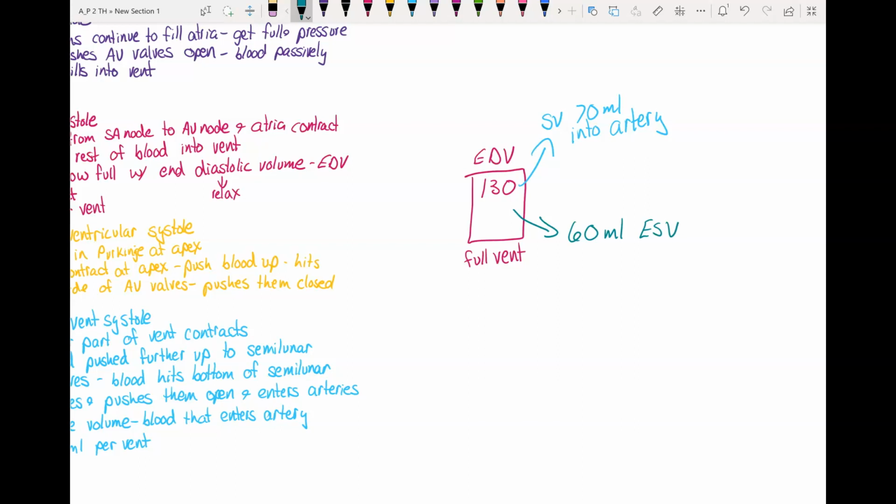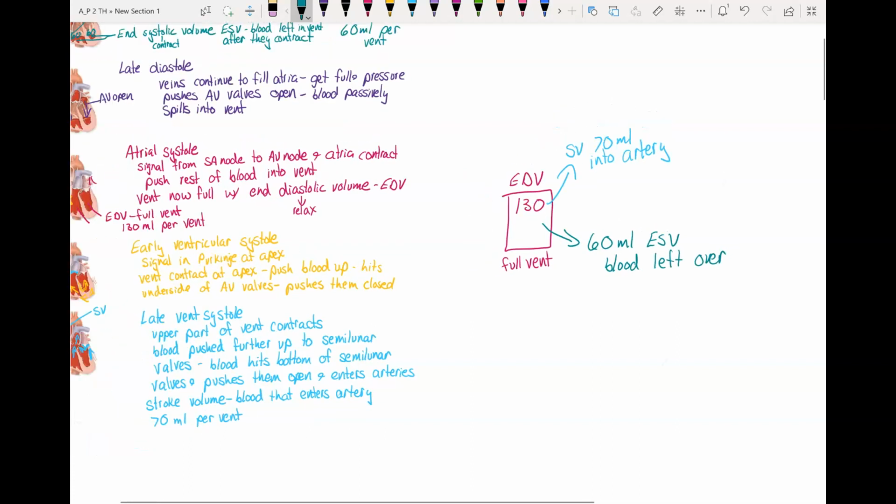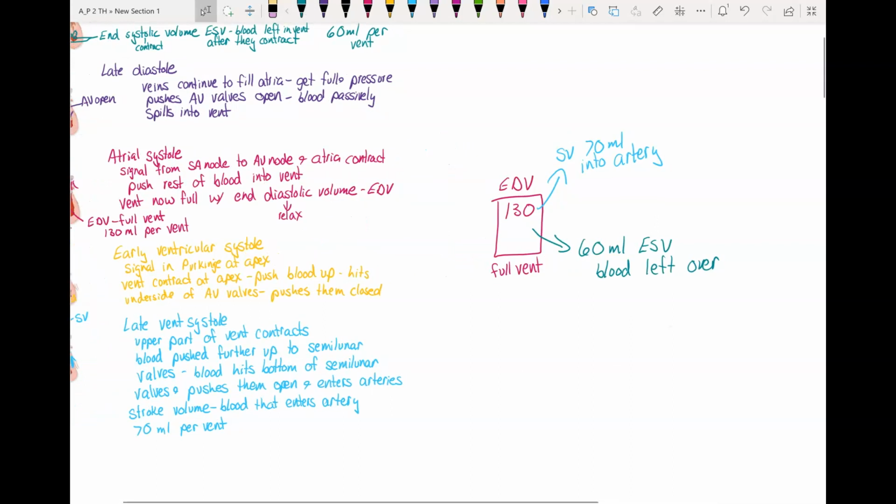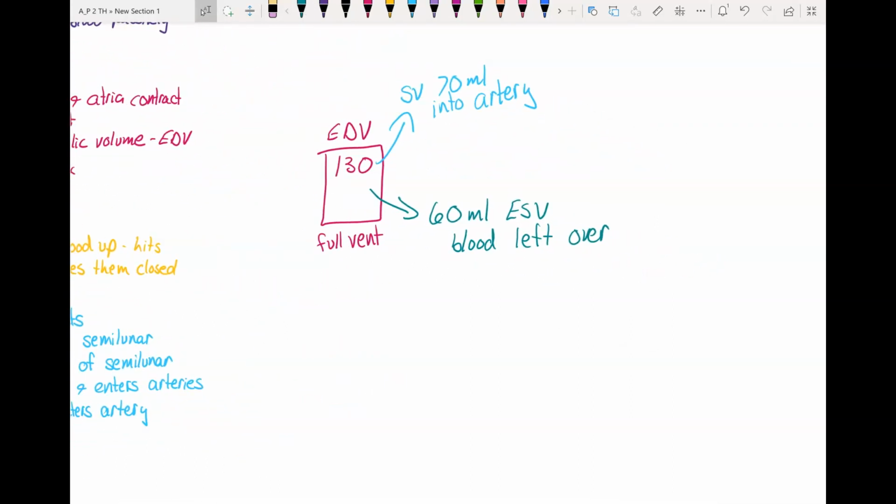This is the blood left over that didn't make it into an artery. Okay, so you start with 130, you pump 70 into an artery, you have 60 left. So anytime you know two of these numbers, you can figure out the third, because stroke volume plus end systolic volume will equal end diastolic volume. So if you know two, you can figure out the third.